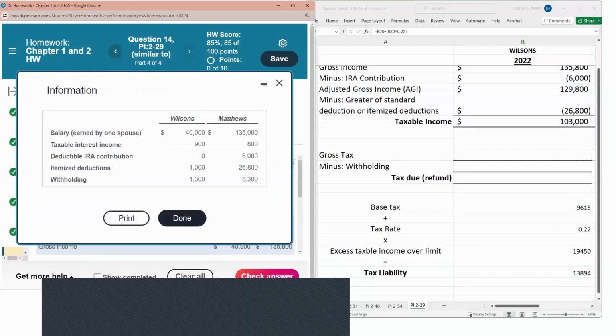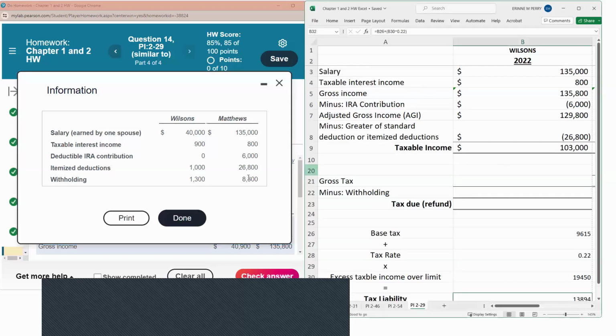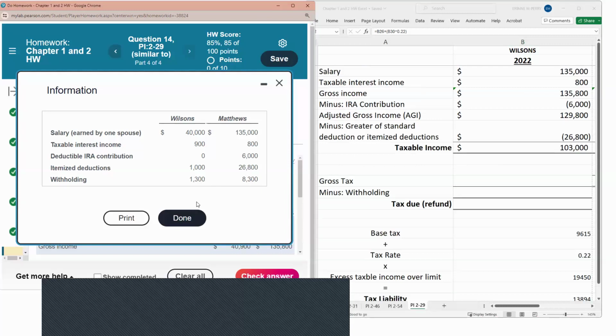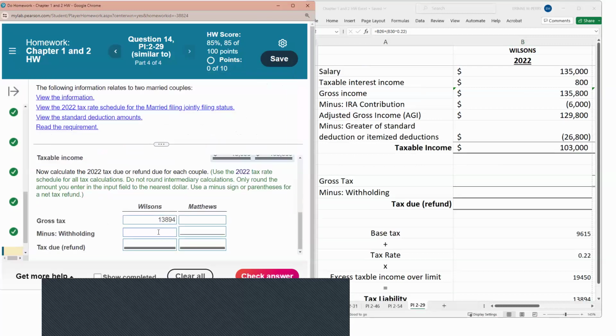So we have $13,894. And then we view the information. Their withholding was $8,300 in this case.